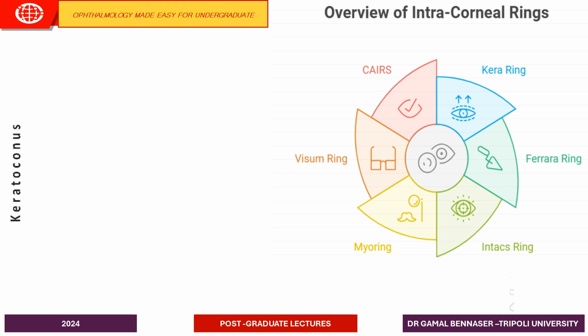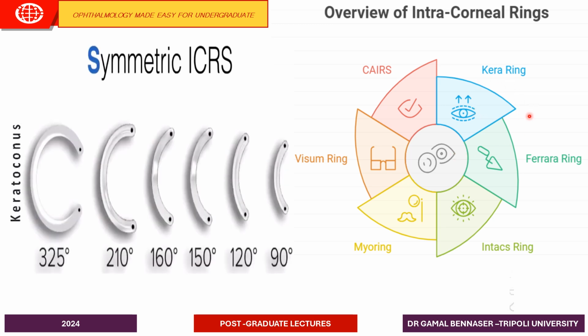As for the different types and generations of the intracorneal rings or intrastromal rings, as I said before, there are different varieties: the Kera rings, the Ferrara rings, the Intacs, the Mayo rings, the Visiom rings, and the CAIRS. Now, the difference between them is that most of these are PMMA synthetic intracorneal rings. Only CAIRS is a natural allogenic graft from the cornea.